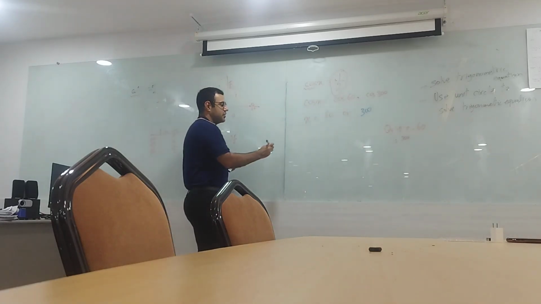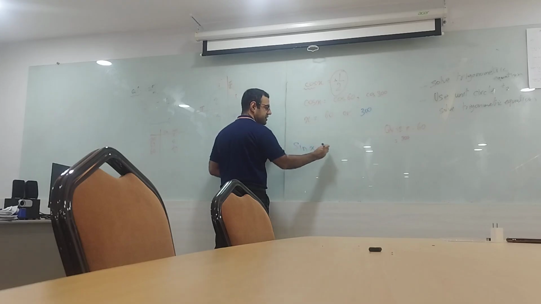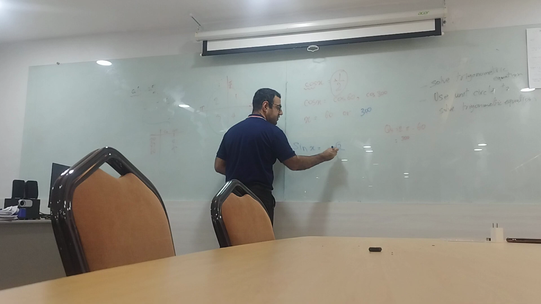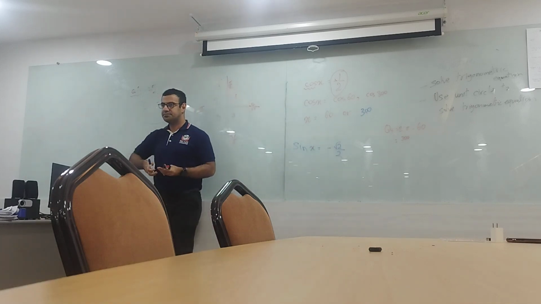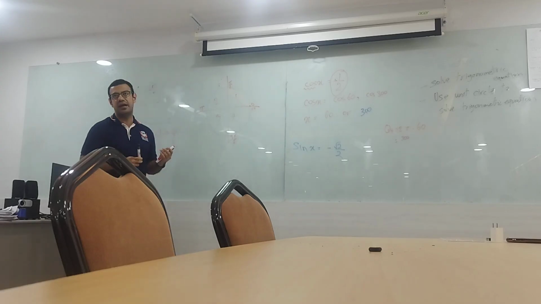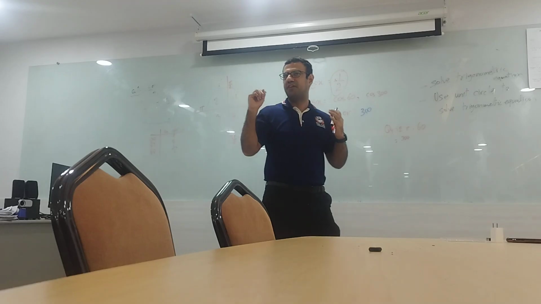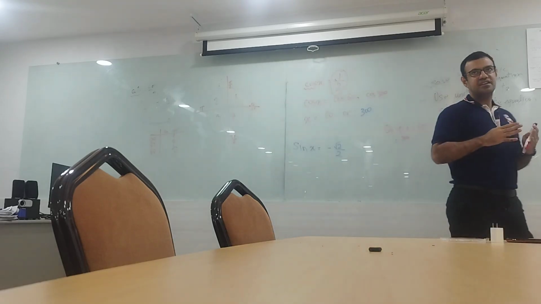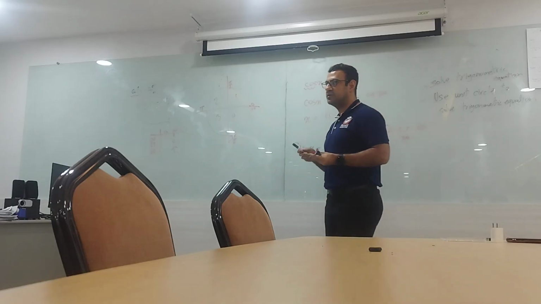Now, could you try to solve this? Sine x equal to negative root 2 over 2. It's sine 45, but here I have a negative though. So I want you to focus on finding which angles are going to give negative root 2 over 2. Sine is negative in quadrants 3 and 4.